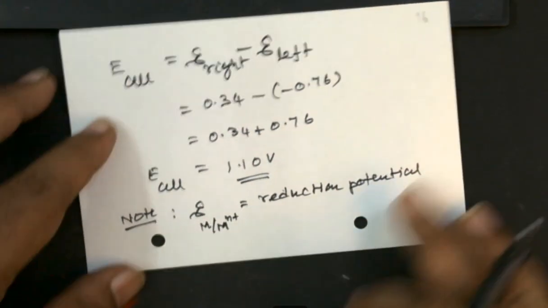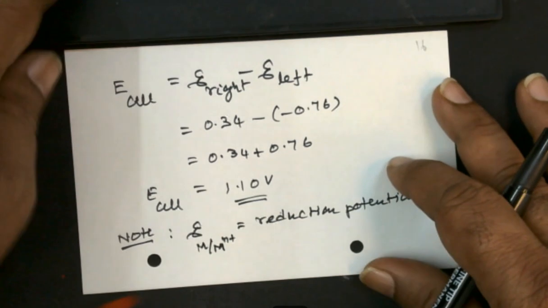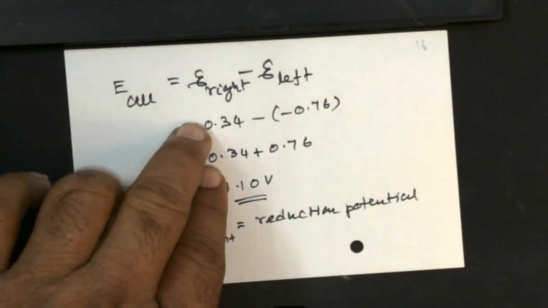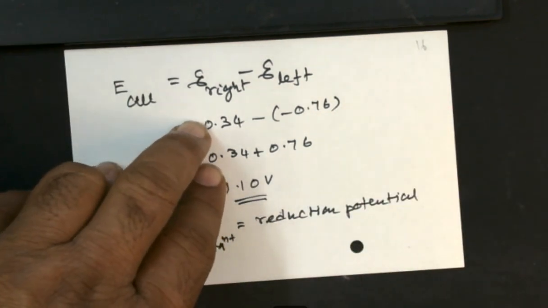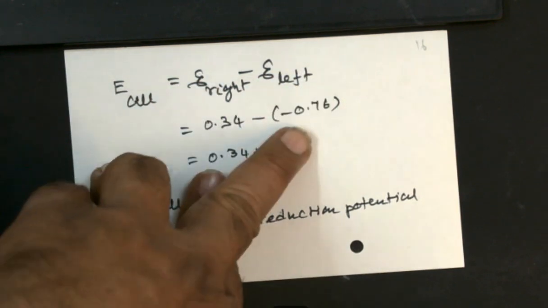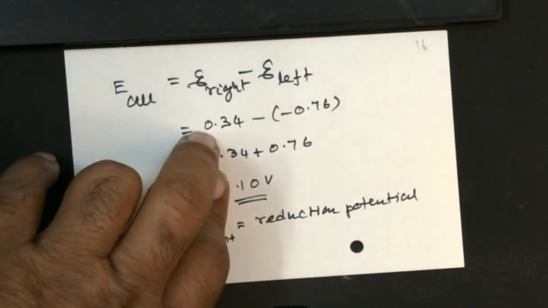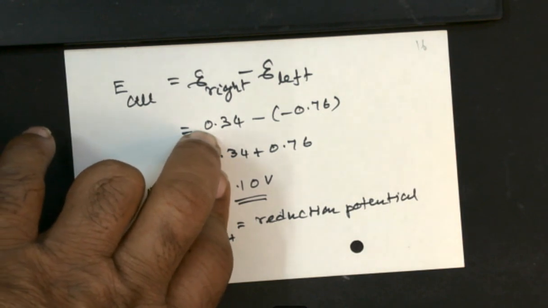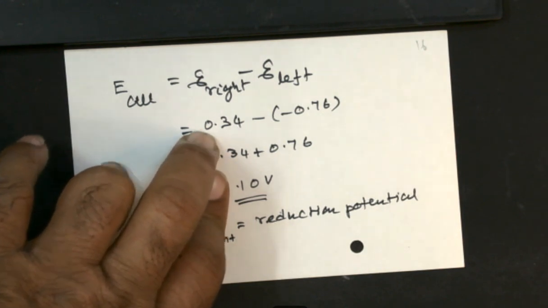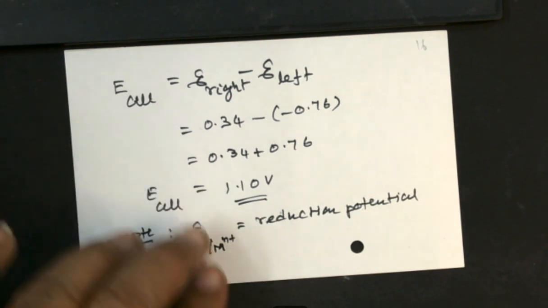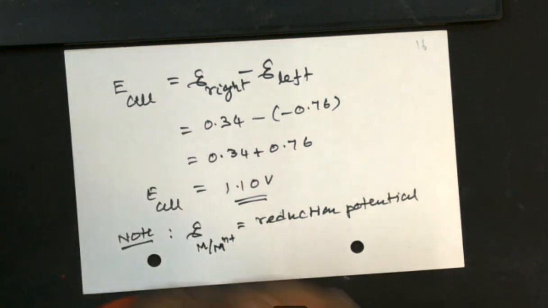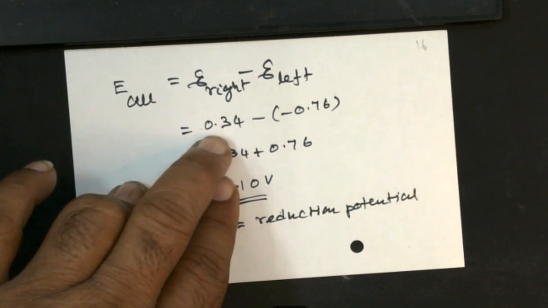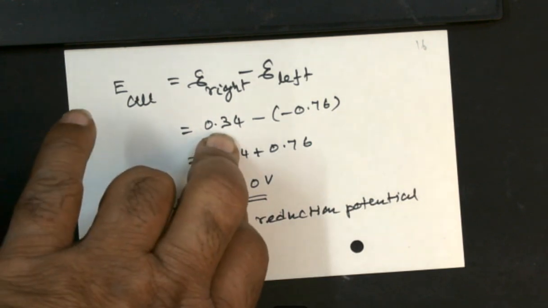And in another way, we can simply substitute the values from the electrode potentials. So E right minus E left. All these values are available in the electrochemical series, which are arranged according to the increasing order of what? Reduction potential. Okay, right. So increasing or decreasing, it depends. Now let me consider two values.